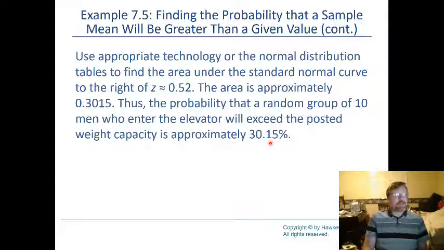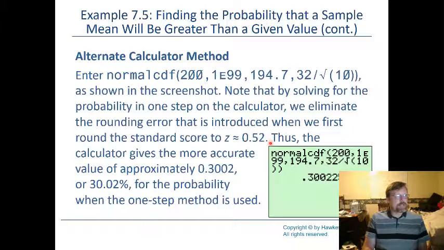Or again, we can do this in one fell swoop in the calculator. Set the left limit, set the right limit out to a very large number, give it the population mean, give it the standard deviation appropriate for the calculation we're doing, and we get our probability.